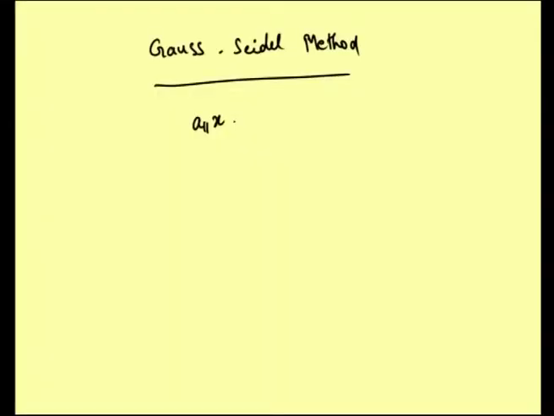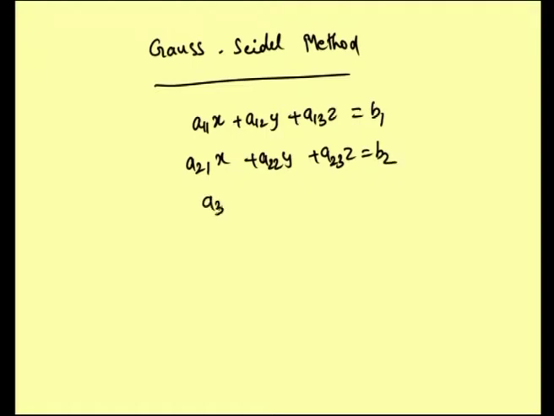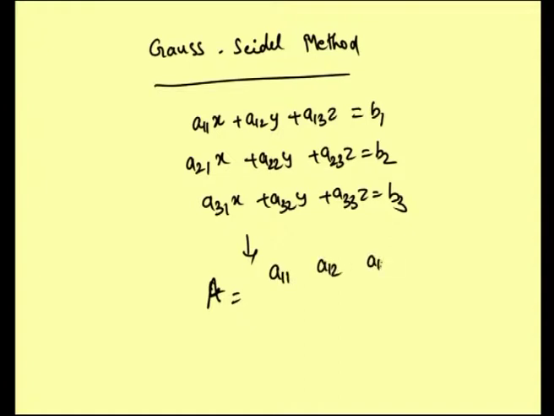Let the given system of equations be a11x plus a12y plus a13z is equal to b1, and a21x plus a22y plus a23z is equal to b2, and a31x plus a32y plus a33z is equal to b3, so that the coefficient matrix A is represented as a11, a12, a13, a21, a22, a23, and a31, a32, a33.